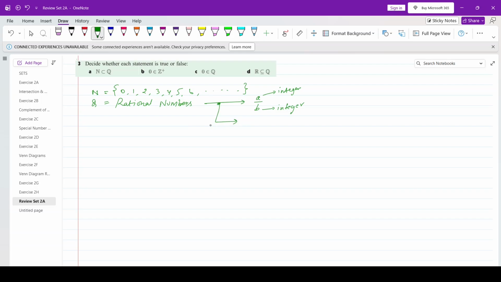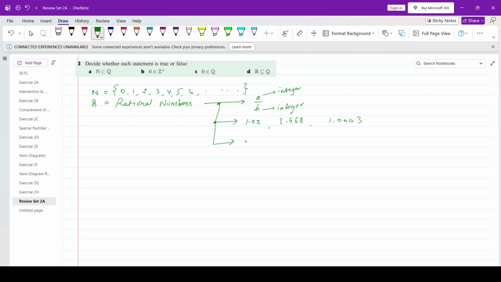Or a rational number can be of the form 1.02, 3.968, 1.0003. All those decimal numbers that terminate are rational numbers.